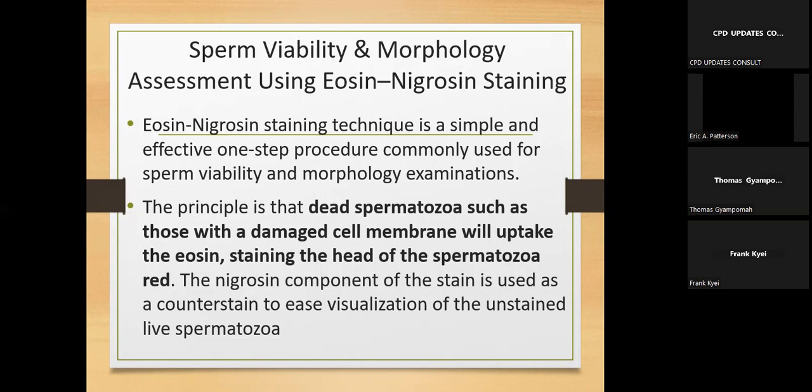So what it means is that nigrosin cannot go and stain the sperm cells. So the best it can do is to stain the background of the sperm cells.